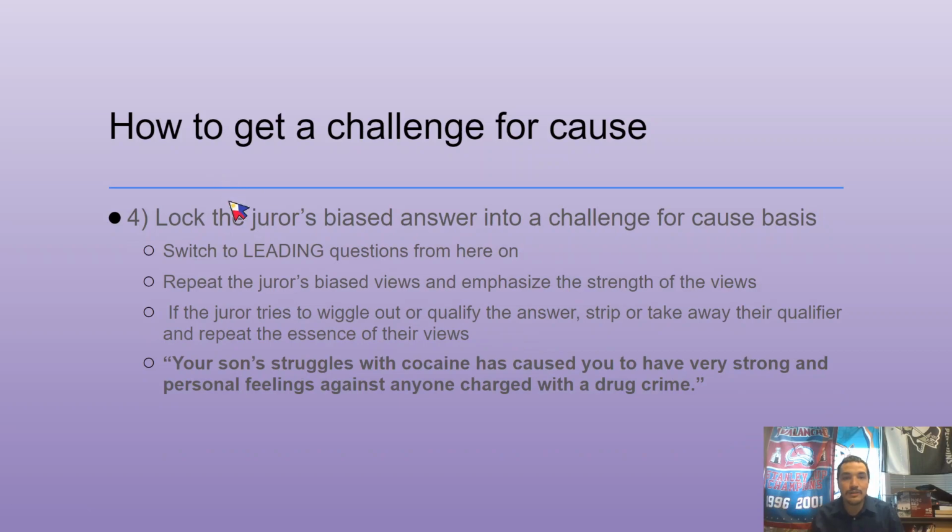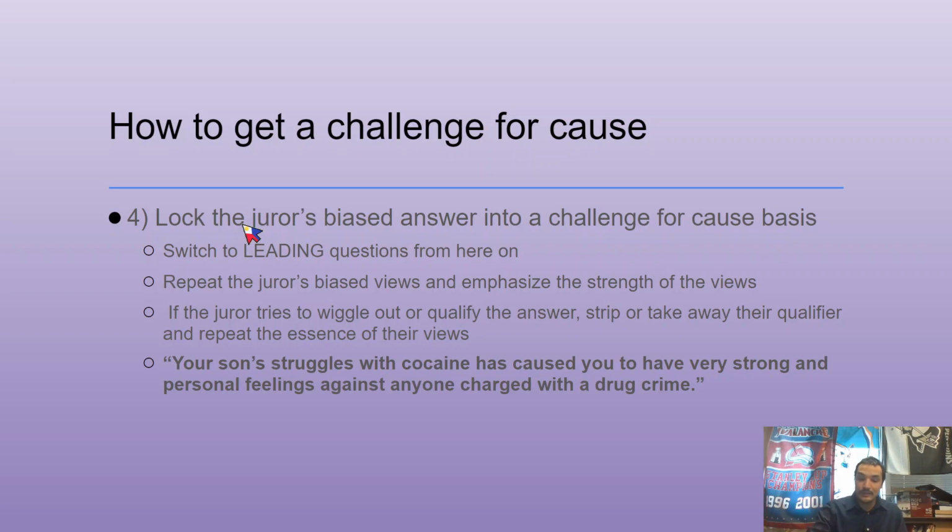The next thing that we do is we lock the jurors' biased answers into a challenge for cause. And so we're going to do leading questions. And those leading questions are going to emphasize the views and the strengths of those views. And you go, so now that we've established that your son had a drug problem, right? How do you feel about people charged with cocaine, right? Or people charged with a drug charge?